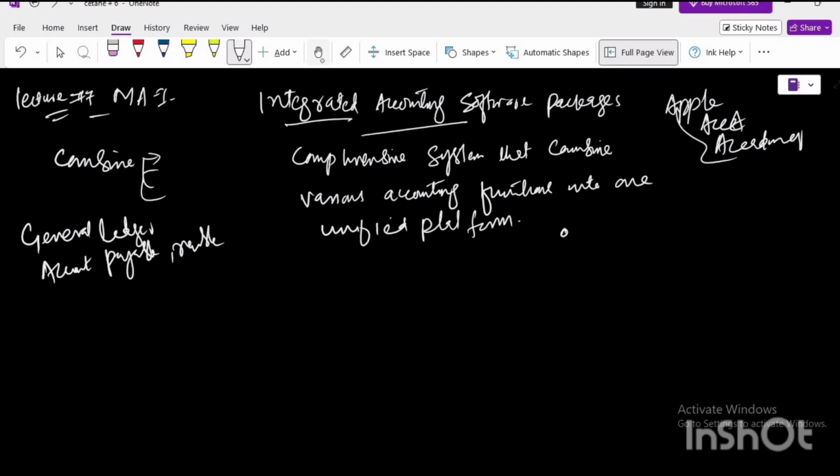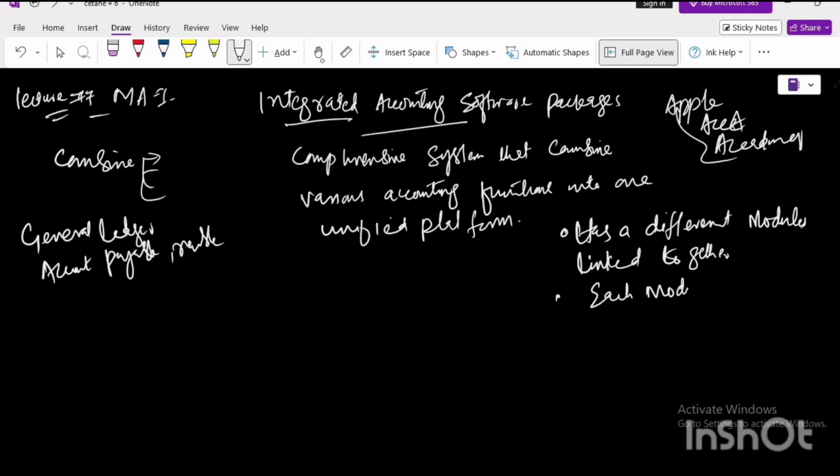If I write here, has different modules linked together, and you know that these modules, each module handles a specific task.